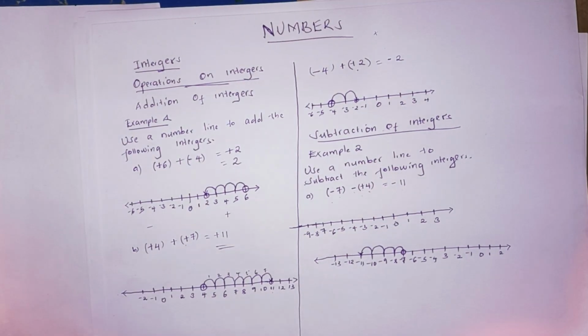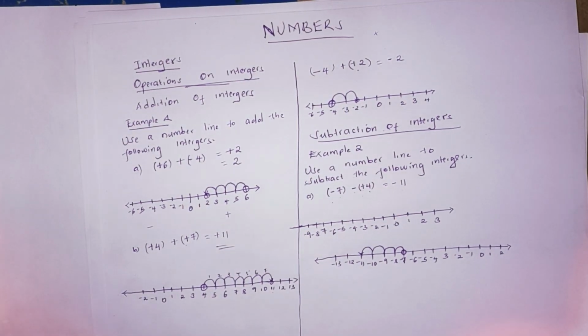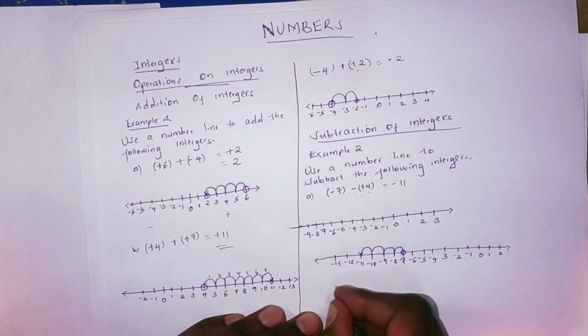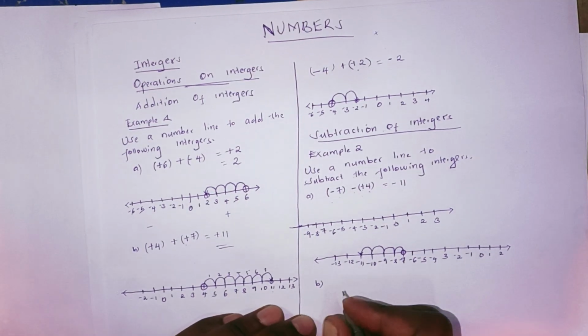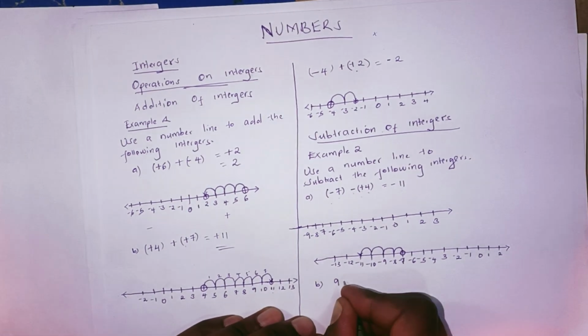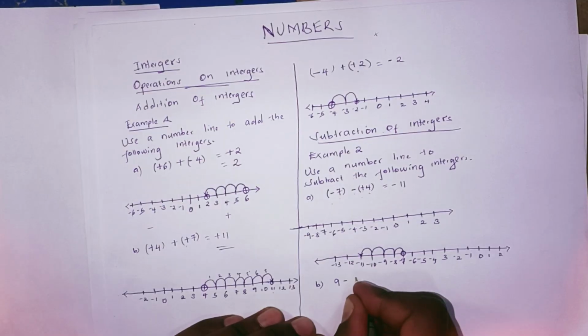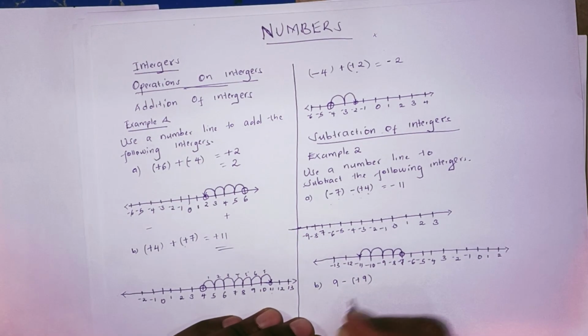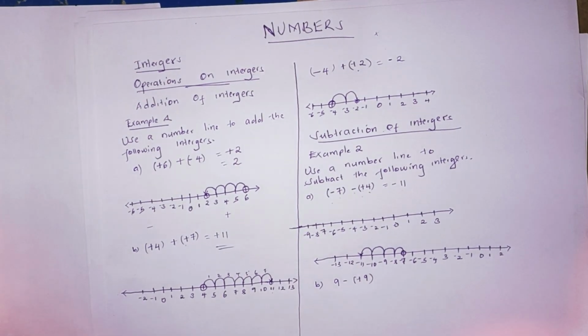What about when I pick B here? For example, positive 9 minus positive 9. In this case, what am I supposed to do?